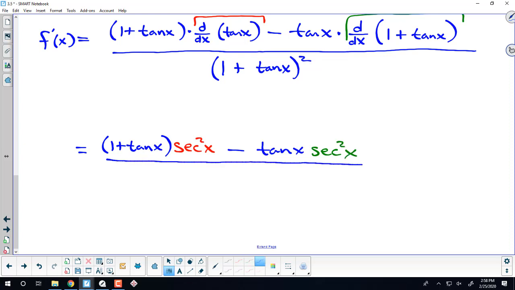And that's still over 1 plus tangent squared. You have some like terms on top, so I don't think it's too much of a stretch to simplify this. You've got a secant squared plus a secant squared tangent minus a secant squared tangent. So those things are going to cancel out. We're left with just a secant squared on top over that square on the bottom.